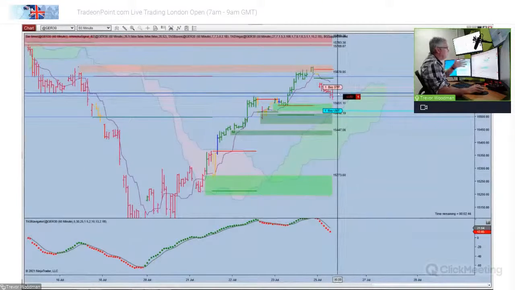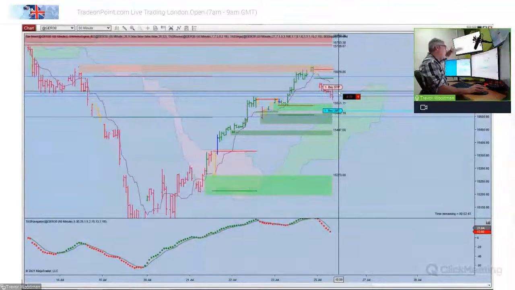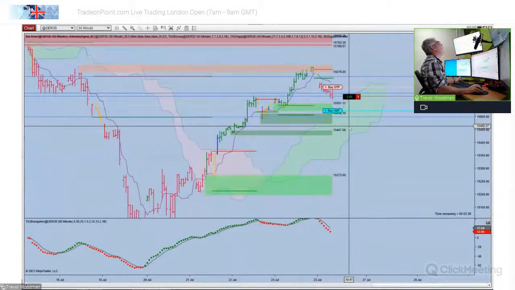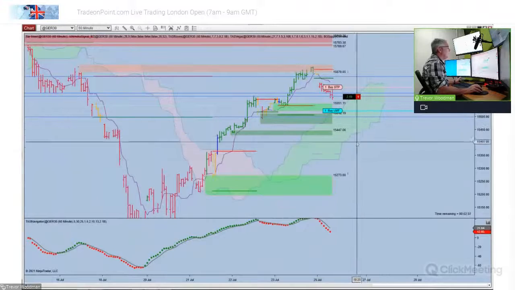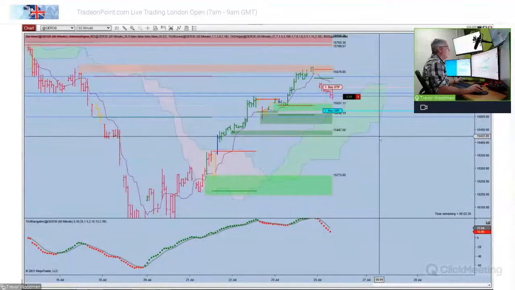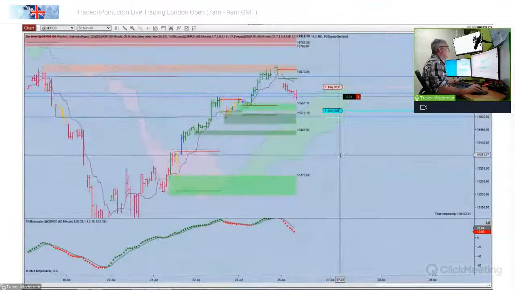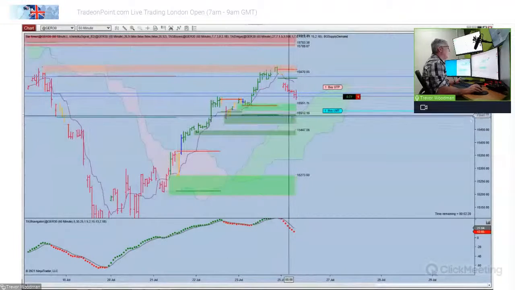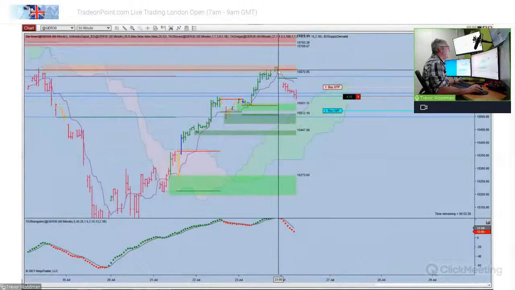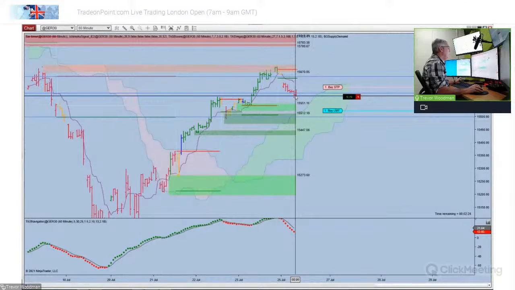Like I said, that's the other chart, hit resistance, hit the cloud, and now we're coming back down into profit, going into the open, starting to sell off a little bit. Not too far away from our buy stop, just terrifying. But you can see here we had a gap open, we're making lower lows.